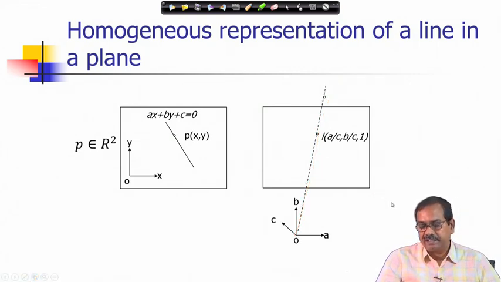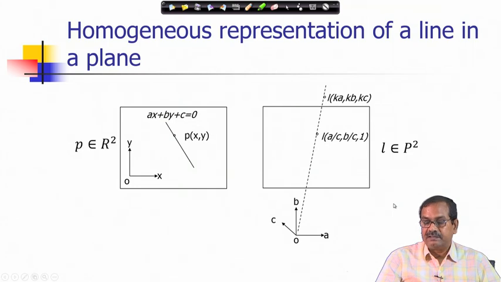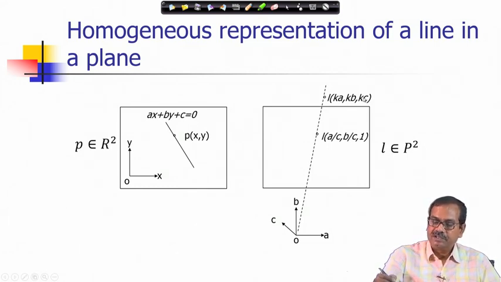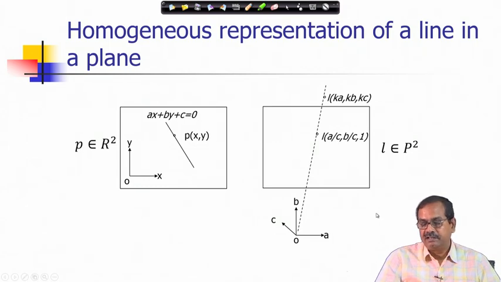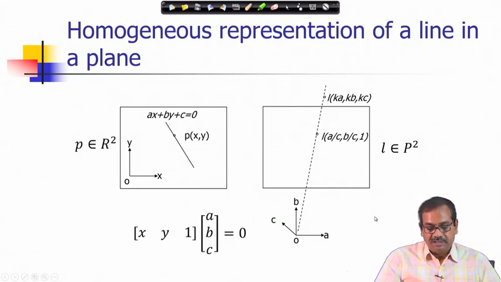So, it is an element as I mentioned, and whether it is A, B, C or whether it is kA, kB, kC, all are the same straight line. So, as you can see, the third dimension is again representing a scale for this straight line element.